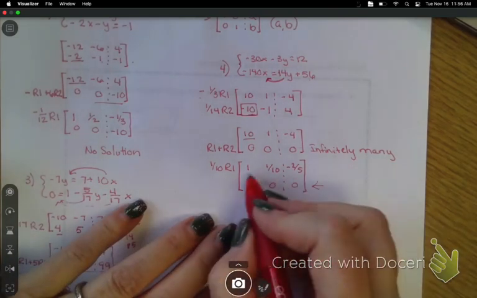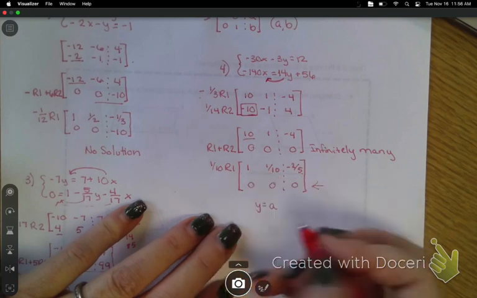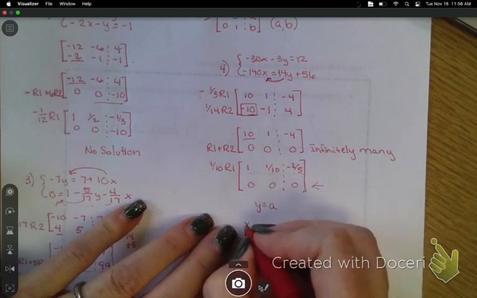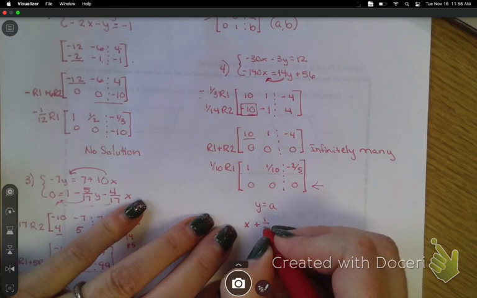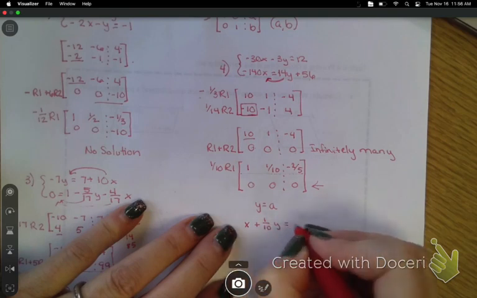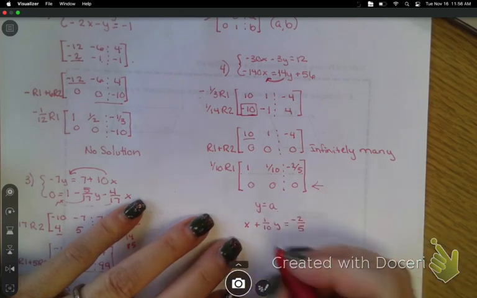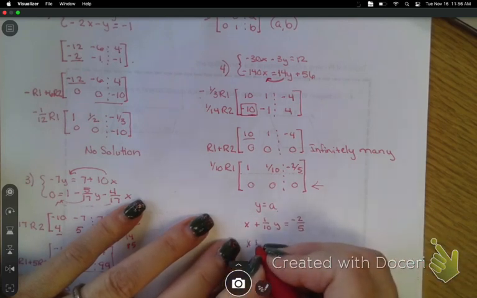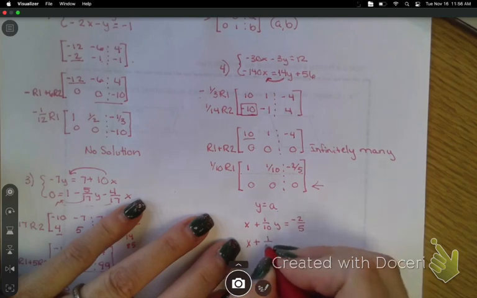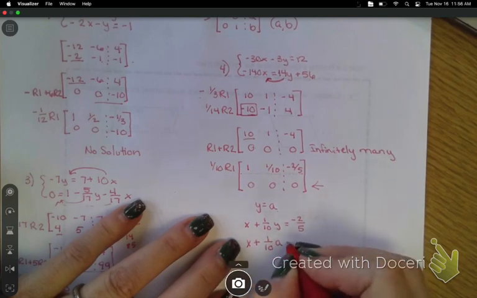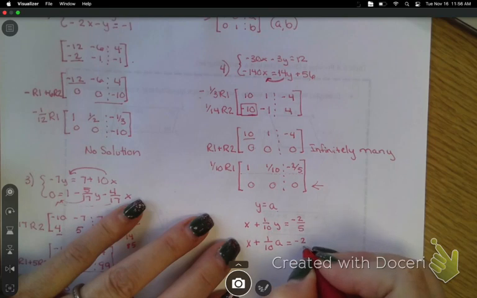So up here, this first row, the equation for that would actually be x plus 1/10 y equals negative 2/5. Well, y is a, so I have x plus 1/10 a equals negative 2/5.